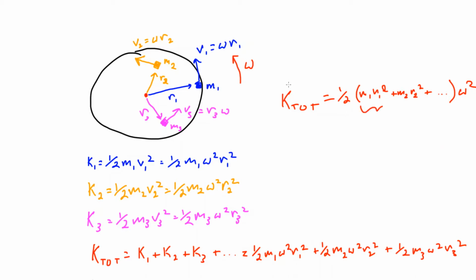This quantity here, m1 r1 squared plus m2 r2 squared, I call the moment of inertia. That's I. Capital I equals, and I can write it in summation form as the sum over i of all of the mi ri squared. I add up all the little chunks of mass times their distance from the center of rotation squared, and that gives me the moment of inertia.